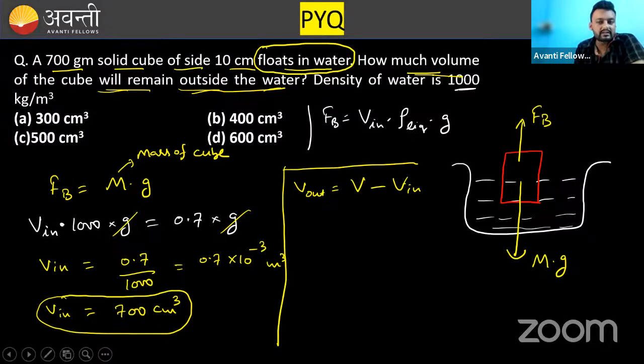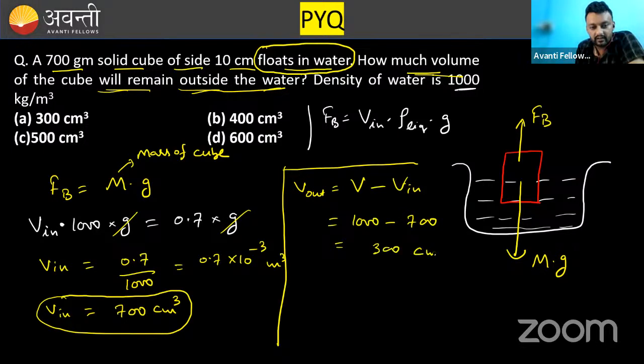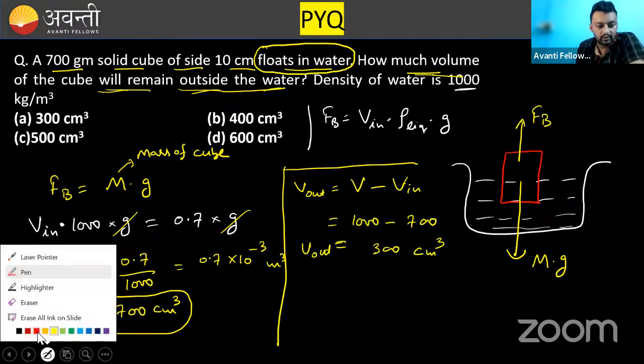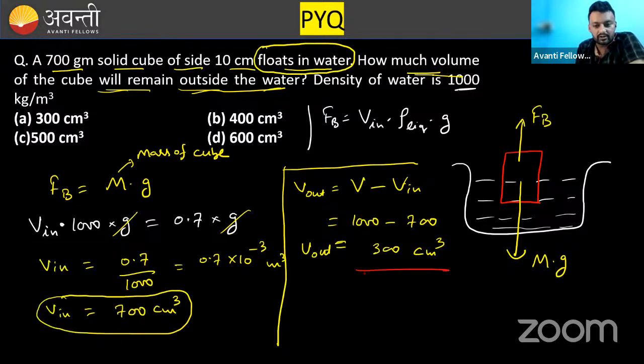Total volume of the solid, side is 10 centimeter, so total volume is 1000 minus volume inside, 700. That is 300 centimeter cube. Very good. So the volume outside the liquid is 300 centimeter cube, which is option number A.